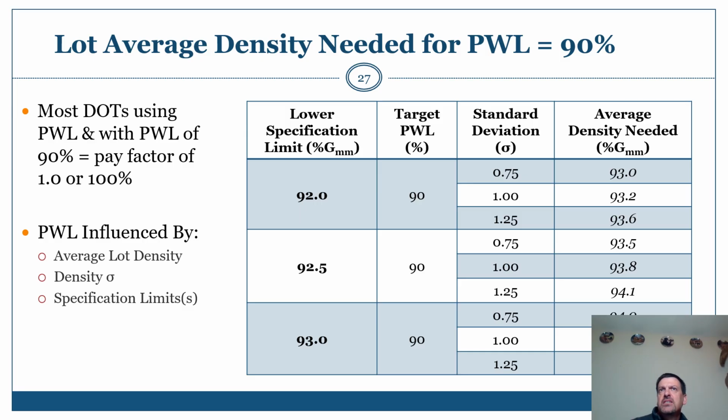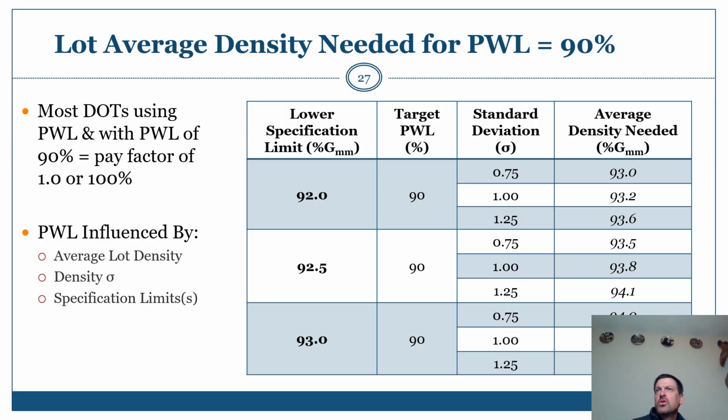So in this table, we just took the lower specification limit of 92%. If you wanted to achieve a PWL of 90%, with the typical standard deviation that's observed on density across all the projects, you'd have to have an average density of 93.6%.